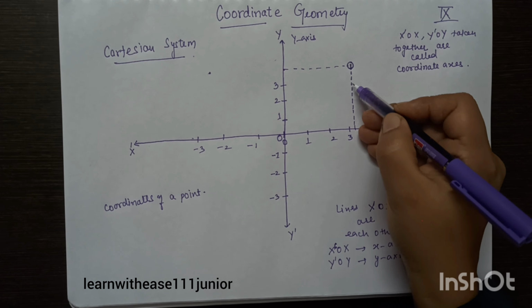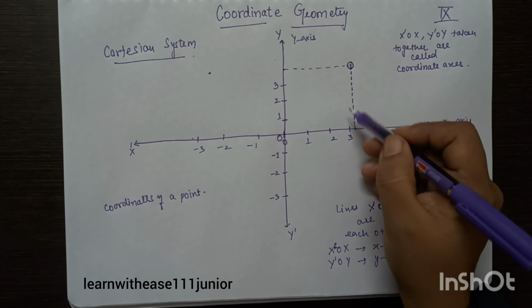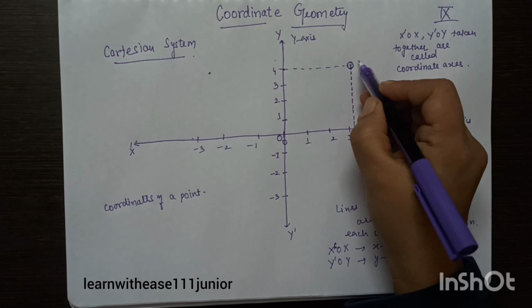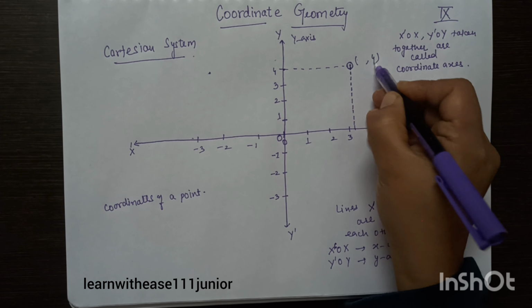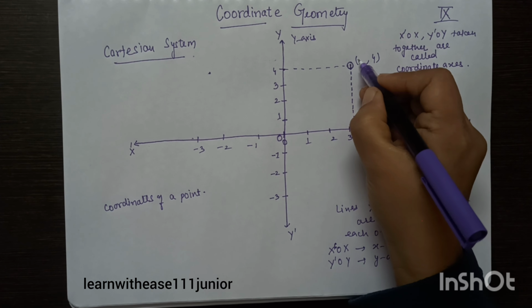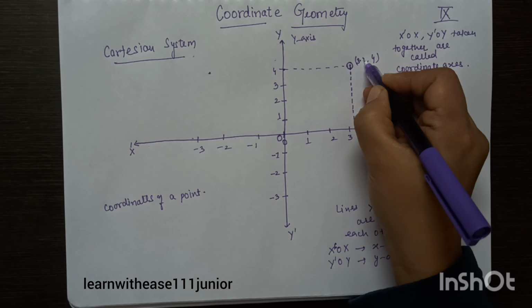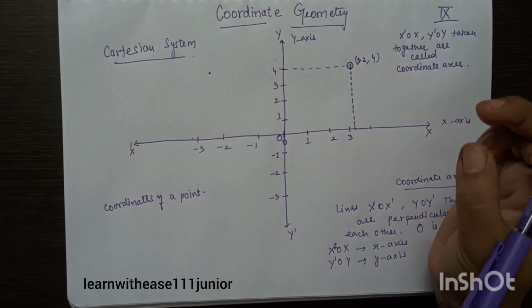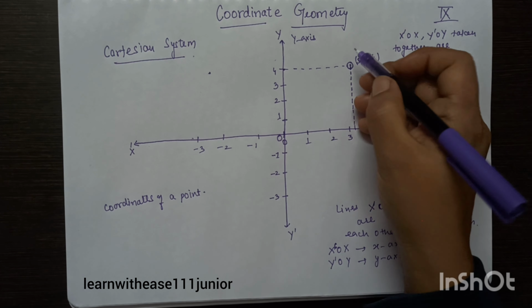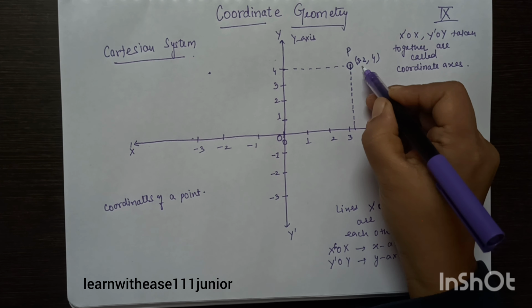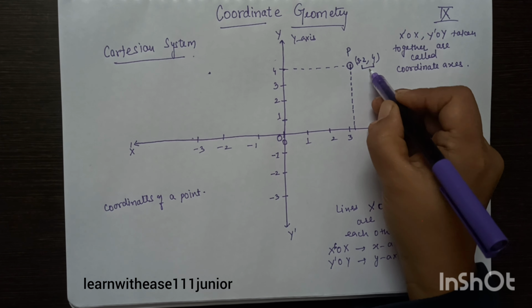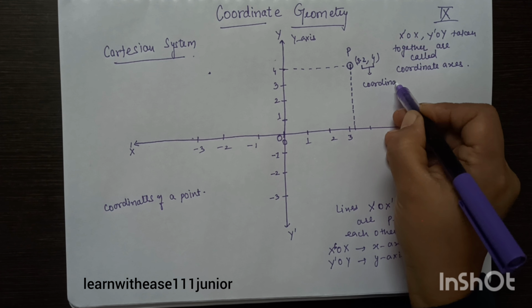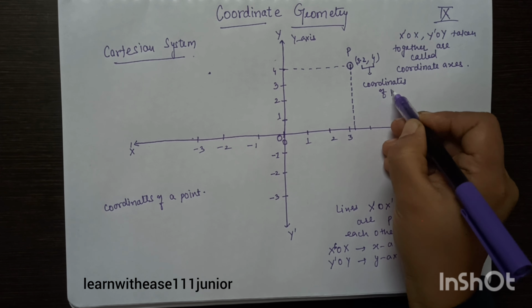By drawing a straight line to the x-axis and y-axis, I can come to know that in y-axis, suppose it has traveled distance 4 and in x-axis almost 3.2, right? So this is the location of this particular point P, and these are coordinates of point P.